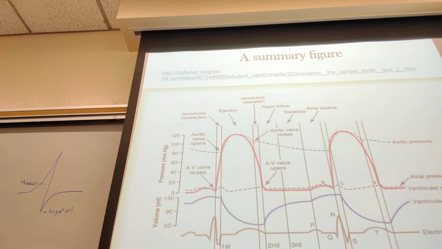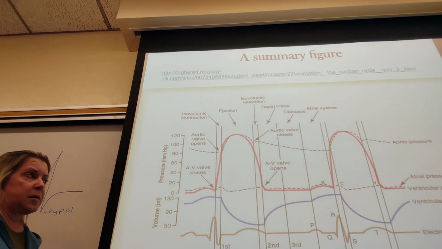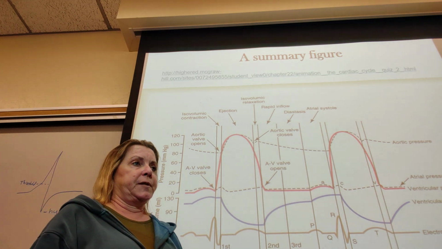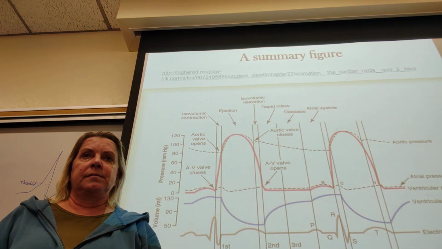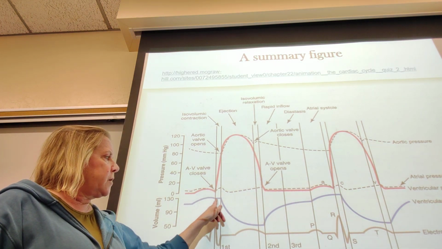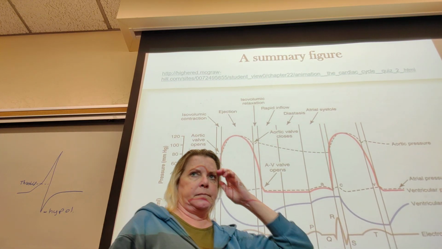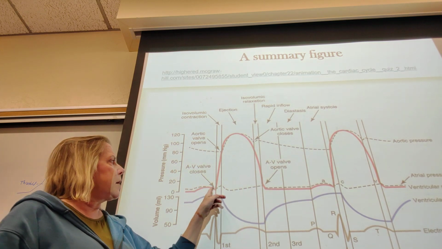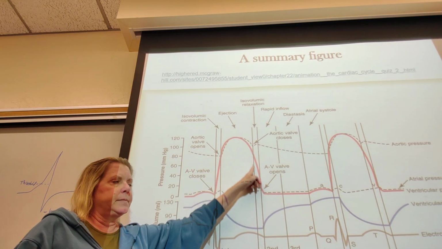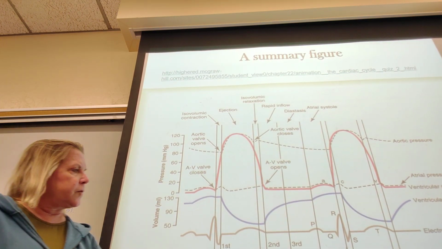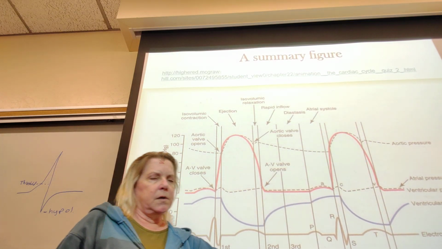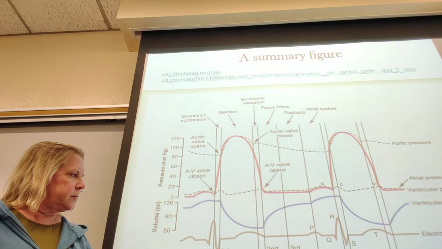Here's the beast. You have a portion of this picture in your homework packet. The portion of this picture that you have is ventricular volume. The other parts shown here in red, and the parts here for sounds are important for you to know.